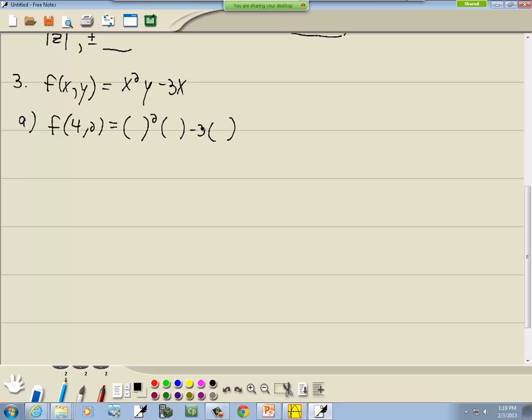Remember, evaluating a function, your first step was to go through and replace all of your variables with parentheses. Now we're going to plug this in for x, and we'll plug this in for y. So we got 4 here, and y is 2. 4 squared is 16 times 2, minus 3 times 4 is 12. So that gives us 32 minus 12, or gives us 20.